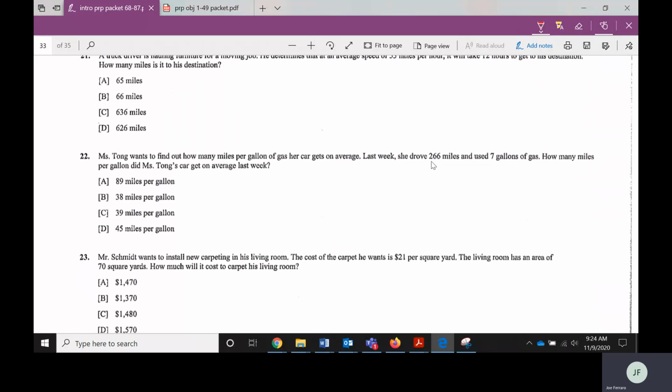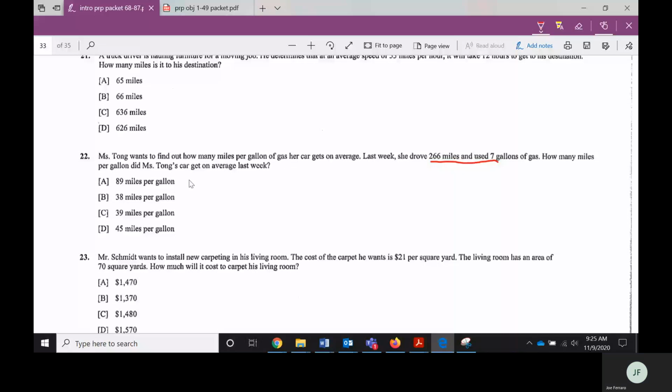Last week she drove 266 miles and used 7 gallons. That would be our known pair. It says how many miles per gallon, or remember, that's like saying per 1 gallon, did the car get on average. If we're doing proportion, the unknown pair is, I automatically was doing money stuff, but it's not a money problem.